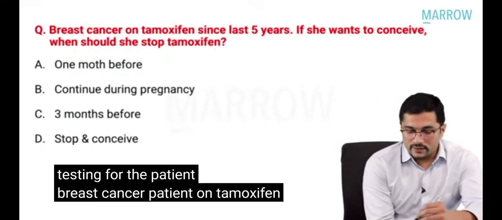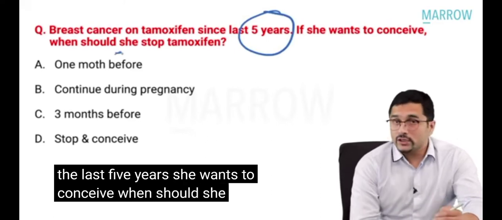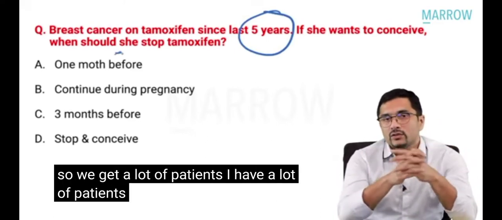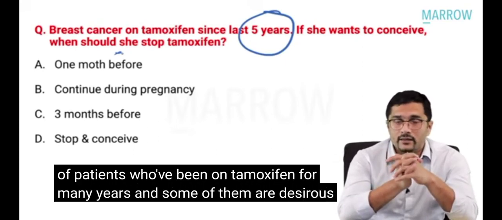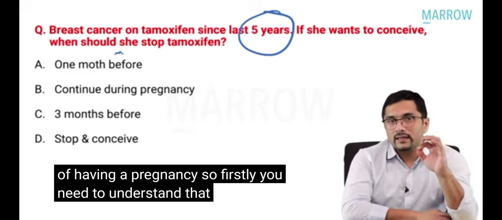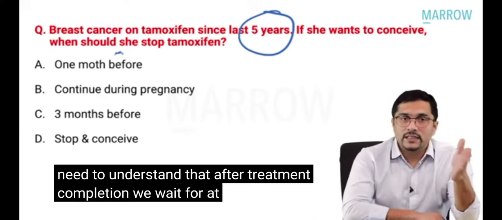Breast cancer patient on tamoxifen since the last 5 years, she wants to conceive. When should she stop tamoxifen? So, I have a lot of patients who have been on tamoxifen for many years, and some of them are desirous of having a pregnancy. So, firstly you need to understand that after treatment completion, we wait for at least 2 years.